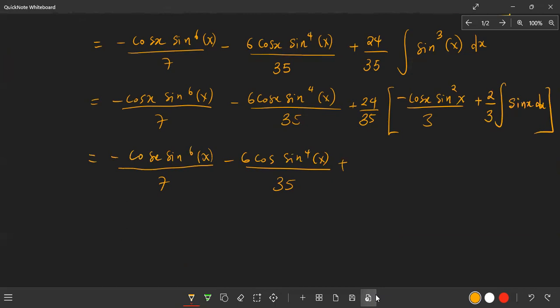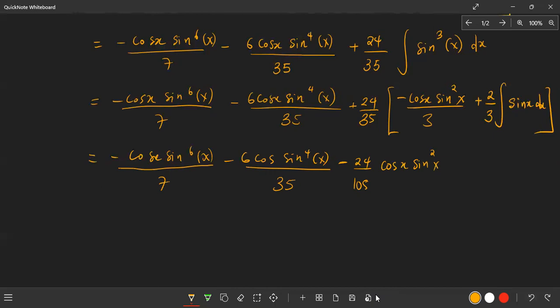That's 105. So negative, it's 4 over 105 cos x sine squared x, and then 24 by 2 we have 48.